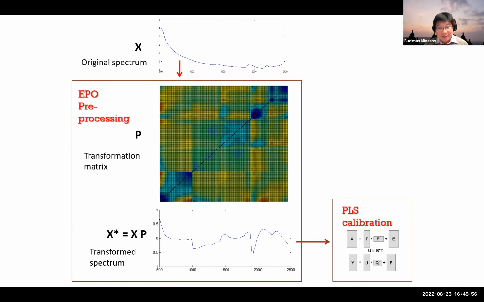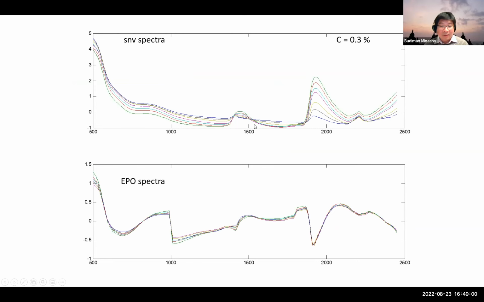So we did this using a kind of factor analysis. For example, this is a particular soil at different moisture content, where we see that there's a variation. The variation is due to the differences in moisture content, not to variations in the carbon content. And we transform it into another space where this variation due to moisture is reduced, right?